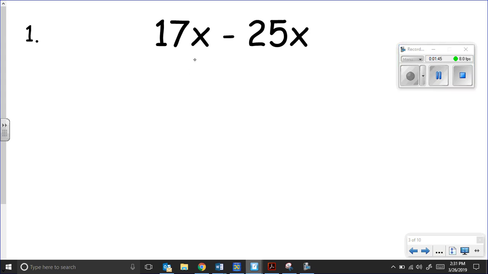So we have our variables of x, and they both have an exponent of 1. Therefore, all we have to do is deal with the coefficients. So 17 minus 25, in which we get negative 8. Then your answer here would be negative 8x.